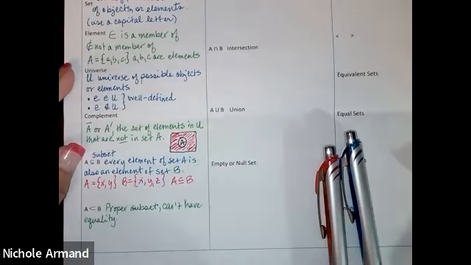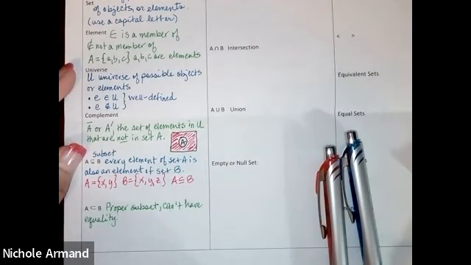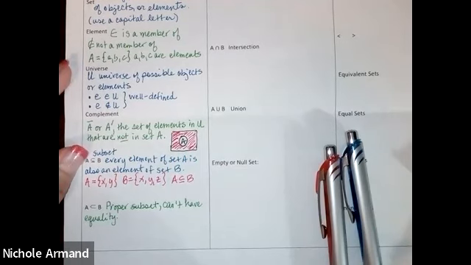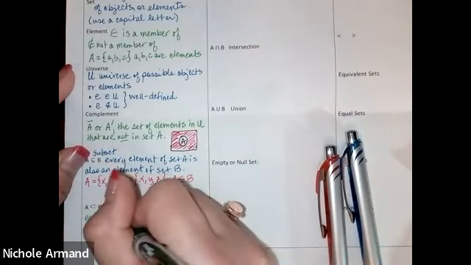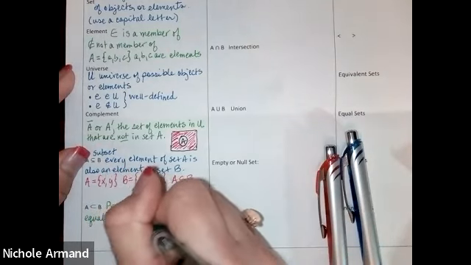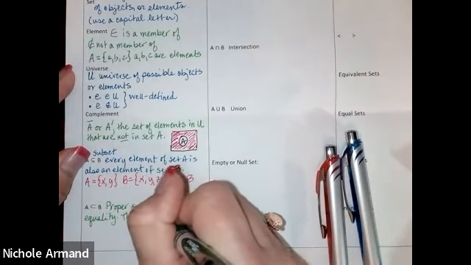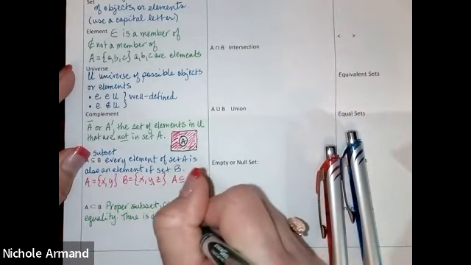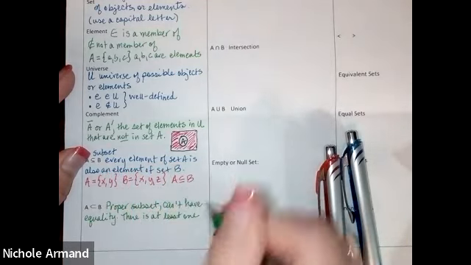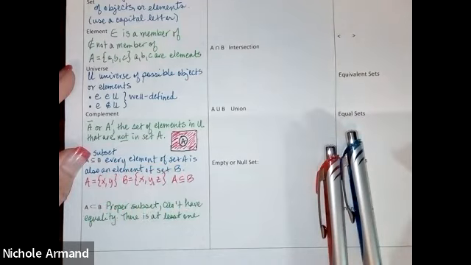So it's kind of like having the less than symbol as opposed to the less than or equal to symbol. Okay. So that means that there is at least one element in B that is not in A.